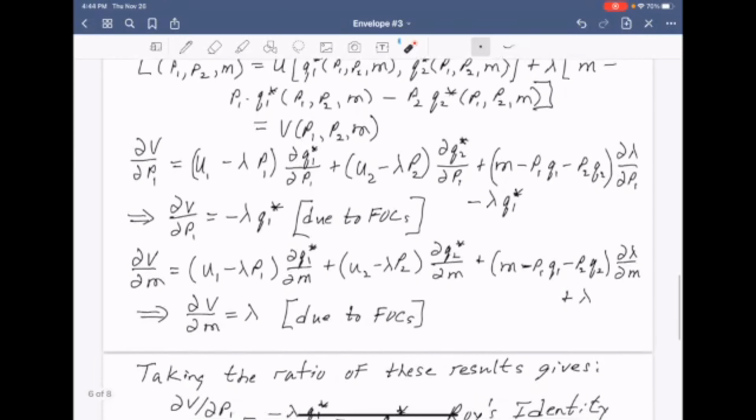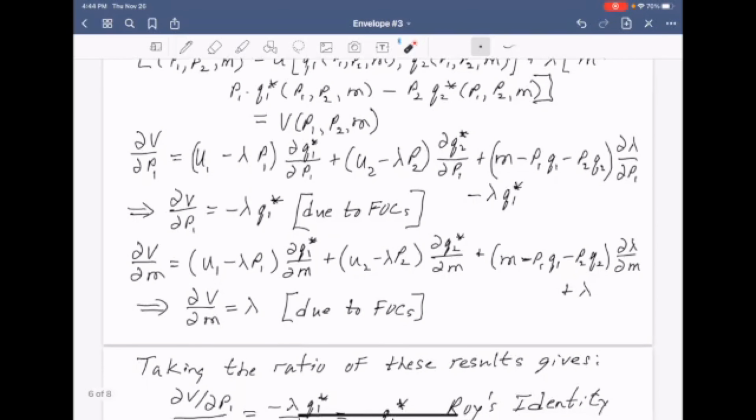Now if we take the partial derivative of the maximum value function with respect to the budget m, we get a similar result, except this time when we multiply the marginal utility minus lambda times p for that particular good, we take the partial of that good with respect to the budget or income, and we see that it comes out like this, and we also end up with this lambda here.